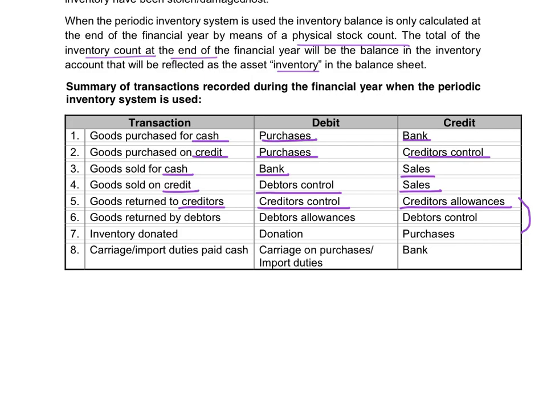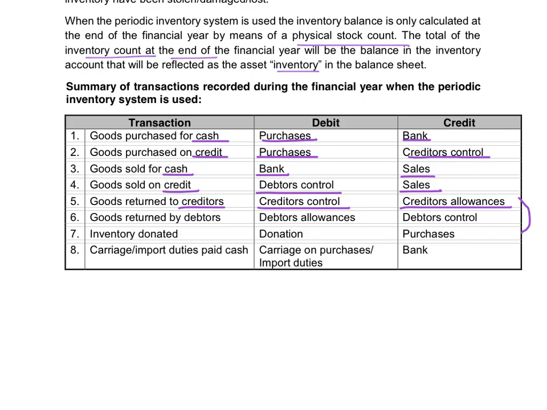Pay attention to this creditors allowances account because in the perpetual system we don't have a creditors allowances account. Both systems use a creditors allowances journal, but in the perpetual system you will credit inventory when you return goods to the suppliers. In the periodic system you will credit creditors allowances.